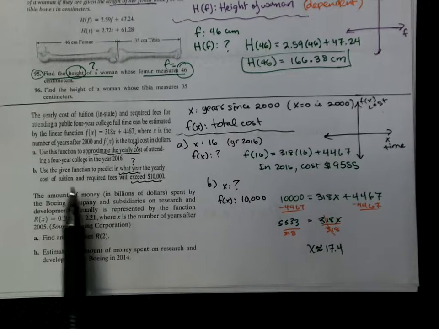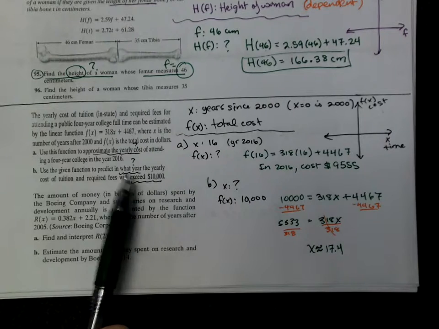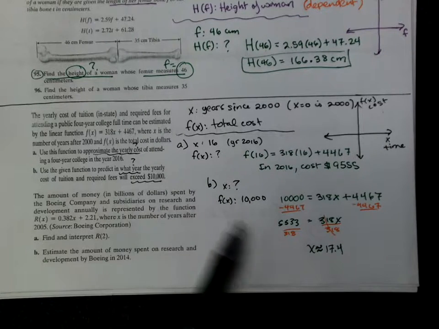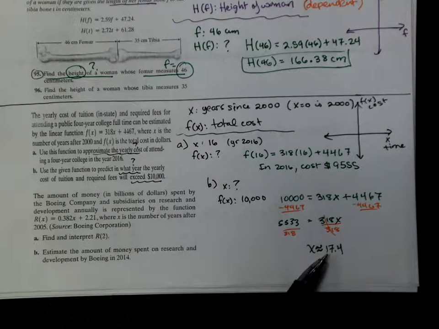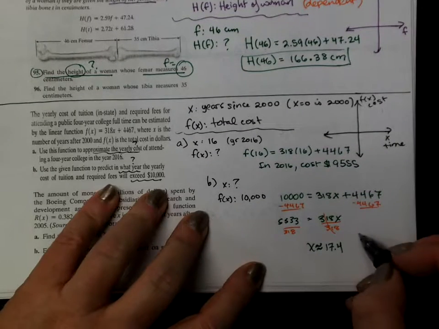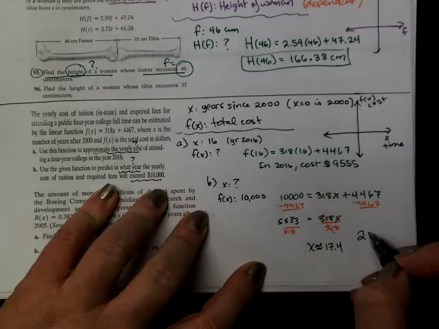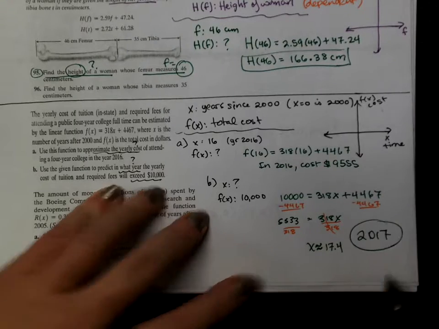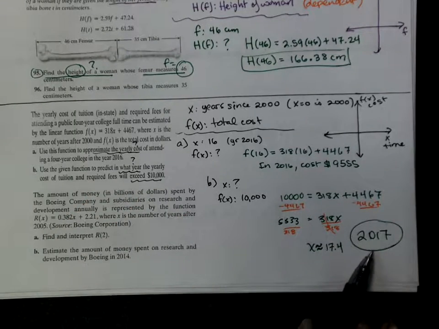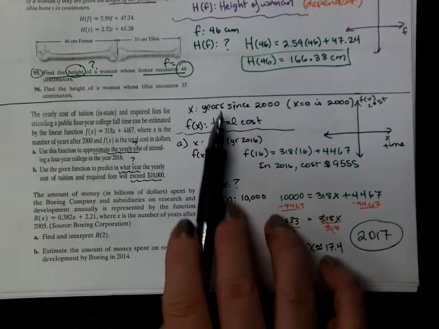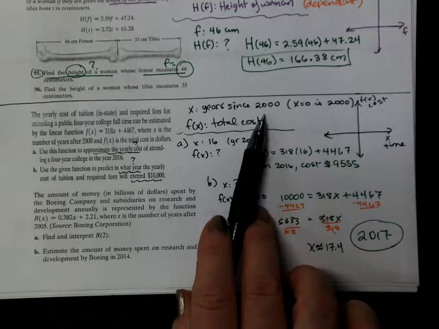Because the question is asking, in what year? Well, we solved for x, but what does that x equals 17 point whatever equal? 2000 plus x. Right. So in 2017 is the answer. Why is it 2017? Because the x is the years since 2000.